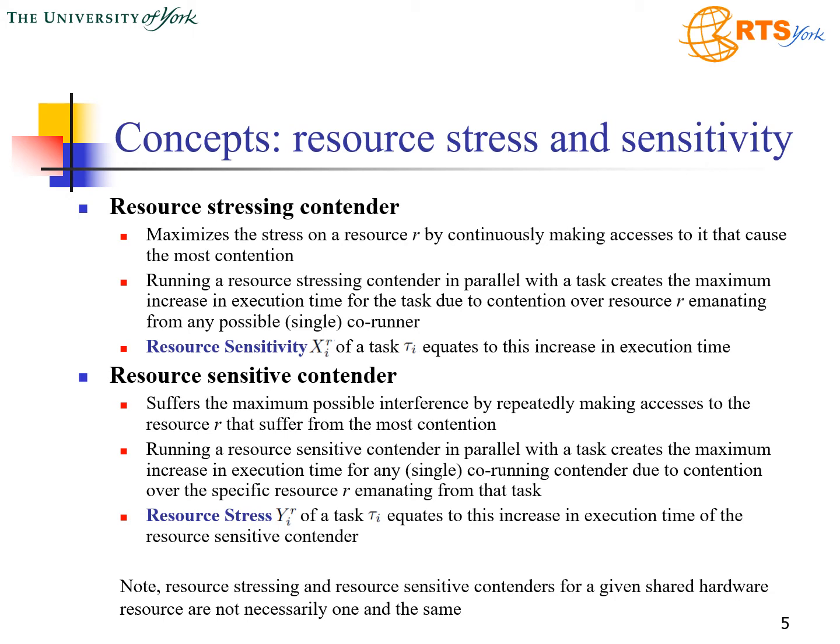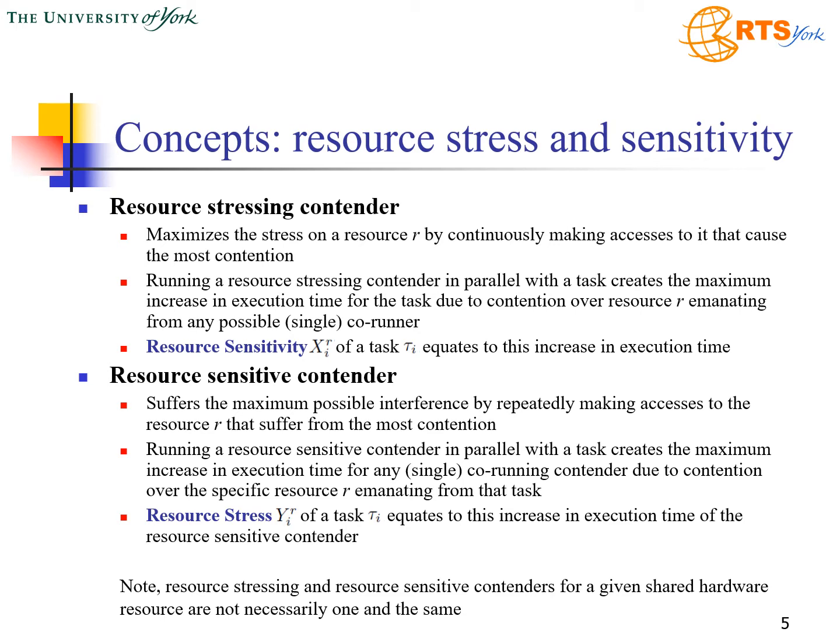Thinking about things the other way around, we can use a resource-sensitive contender. Now, a resource-sensitive contender suffers the maximum possible interference by repeatedly making accesses to the resource that suffer the most contention. So running a resource-sensitive contender in parallel with a task creates the maximum increase in execution time for any single co-running contender due to contention over a resource emanating from the task.